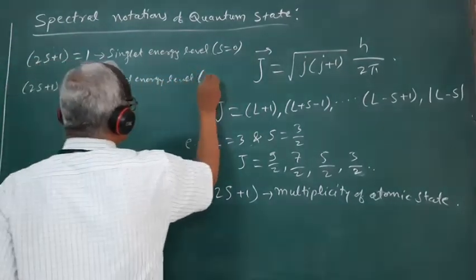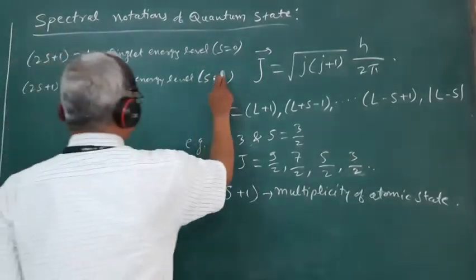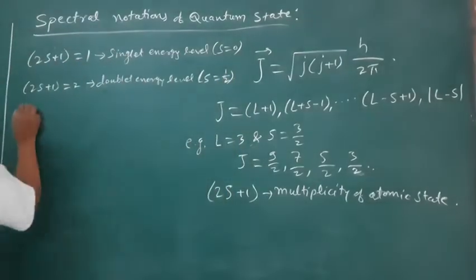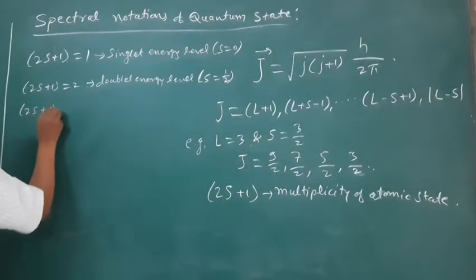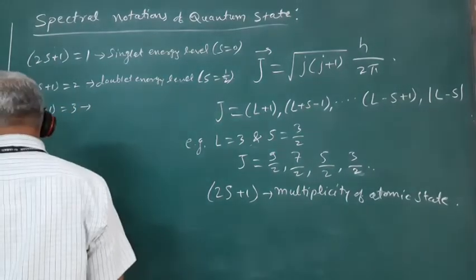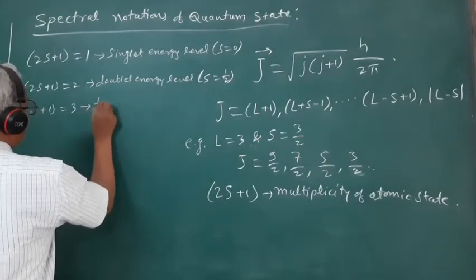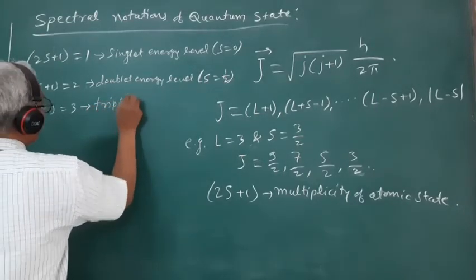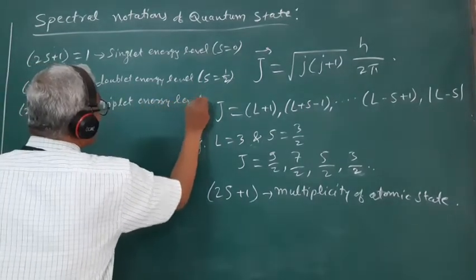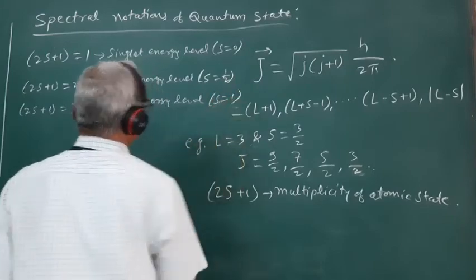That is, S is equal to 1/2, and twice S plus 1 equal to 3 represents the triplet energy level, and for this S is equal to 1.